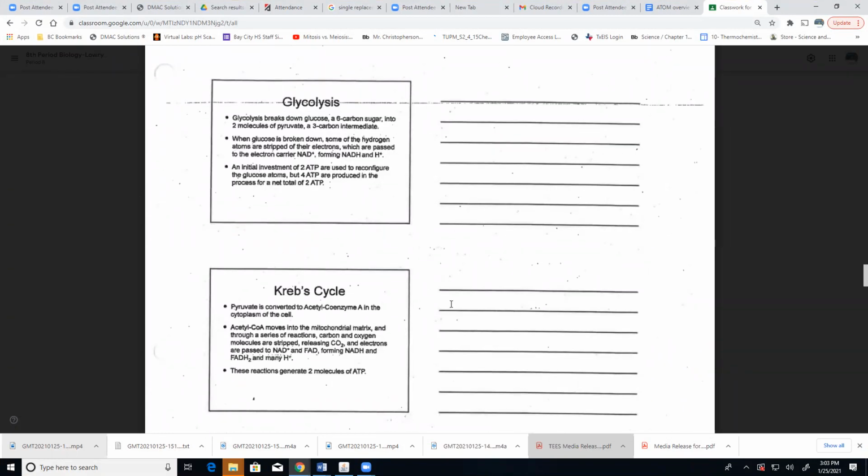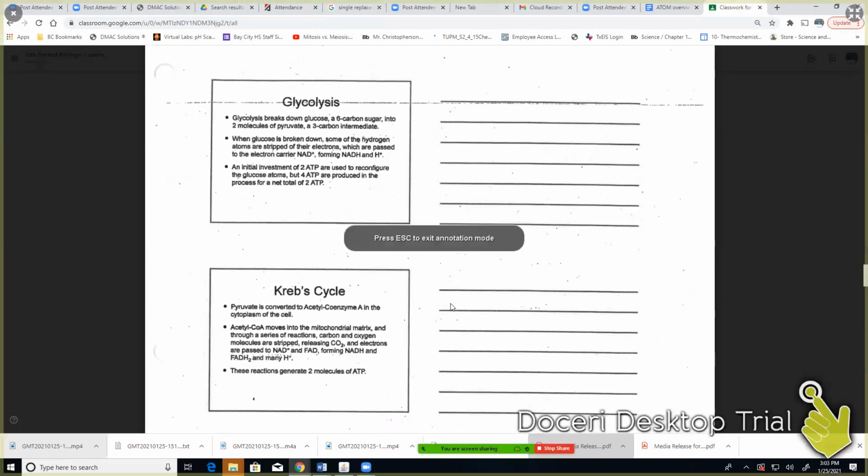All right, so glycolysis is the first part or the precursor to cellular respiration. And this one happens in the cytoplasm. So glycolysis breaks down glucose to pyruvate.